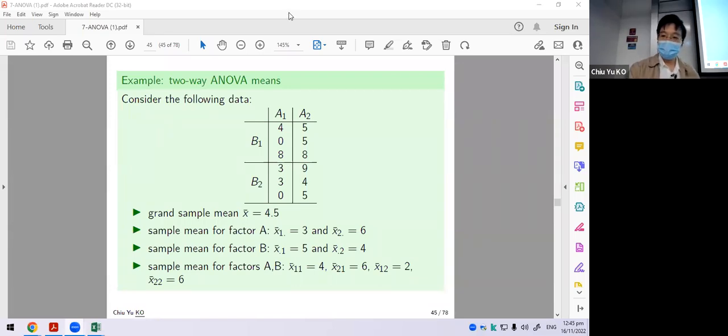How can you calculate this X bar? You just add up everything there and average it out. This gives you 4.5. Maybe I use the same color here.